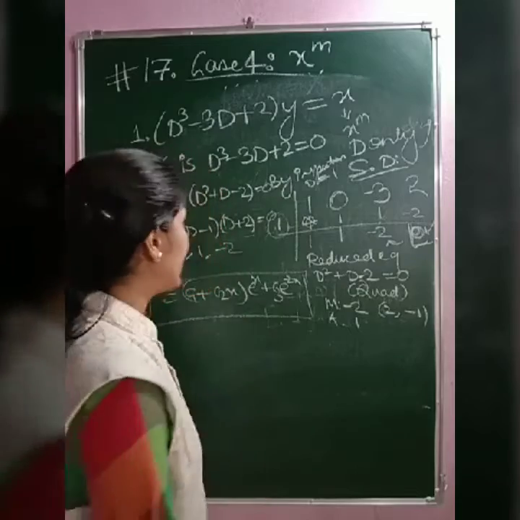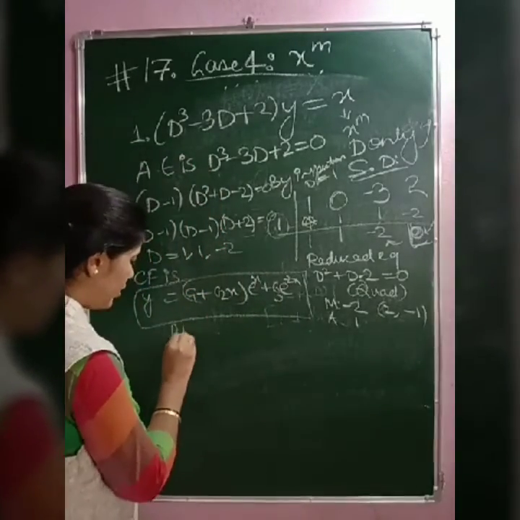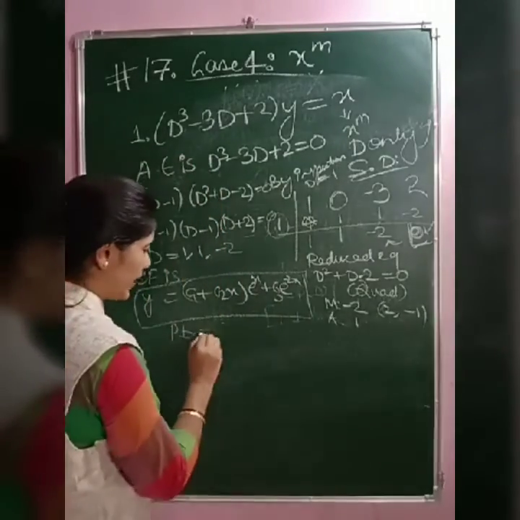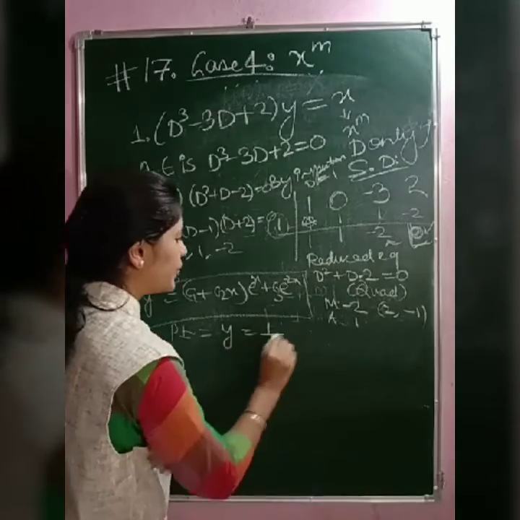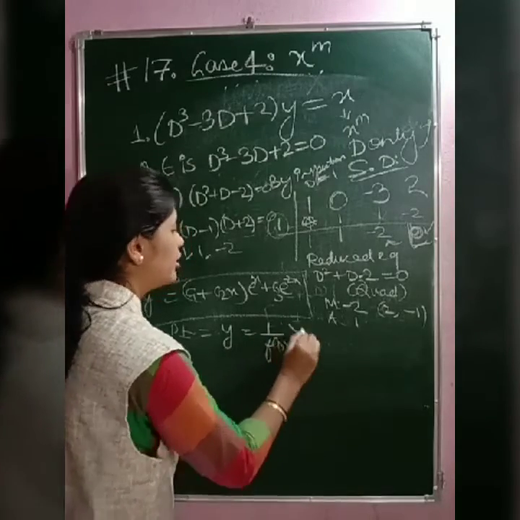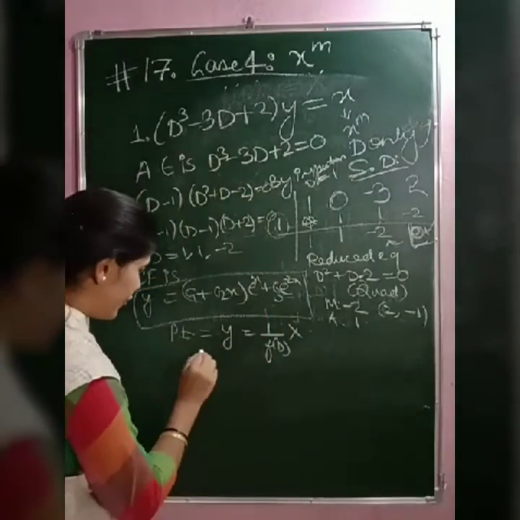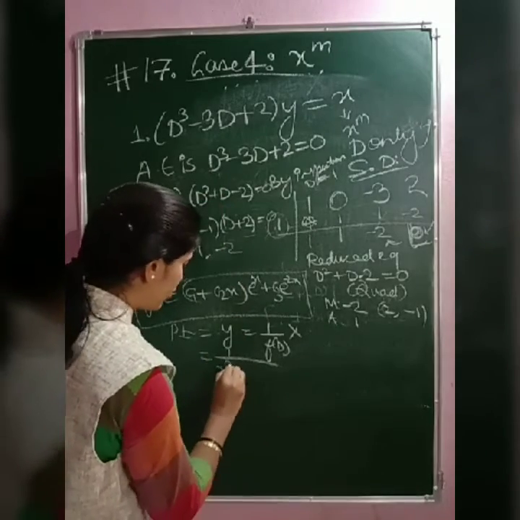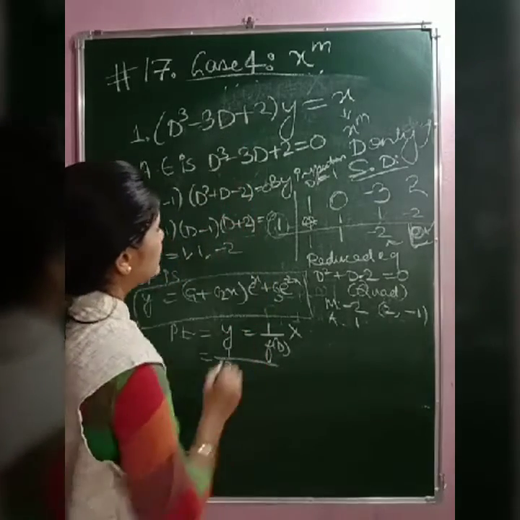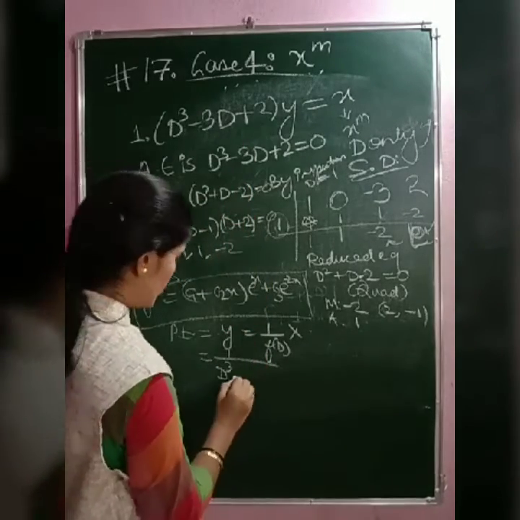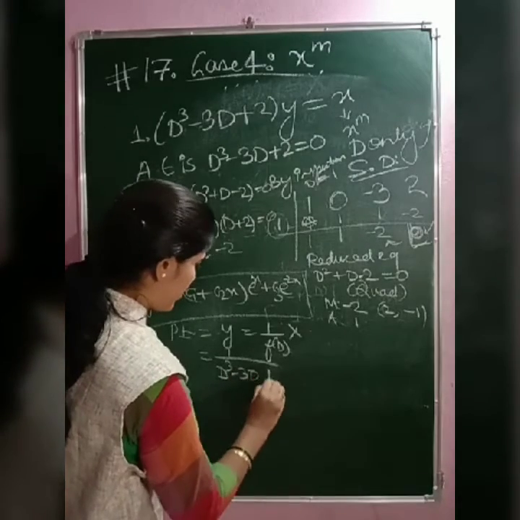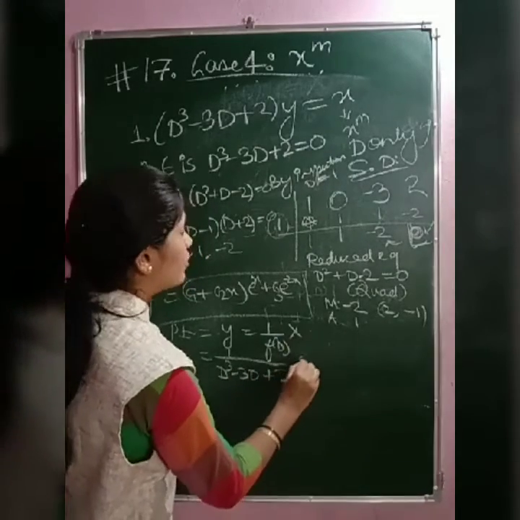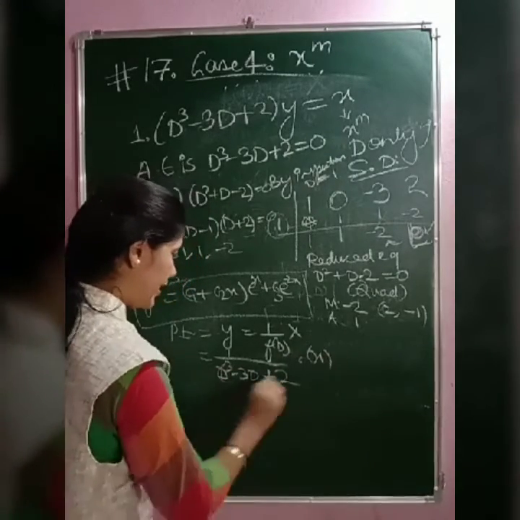Now let us find PI. So PI, that is y, equal to 1 upon f of d of x by definition. For this example, f of d is nothing but 1 upon d cube minus 3d plus 2 of x. Right?